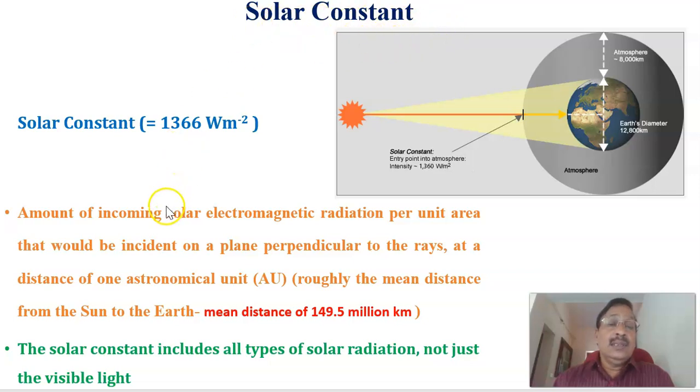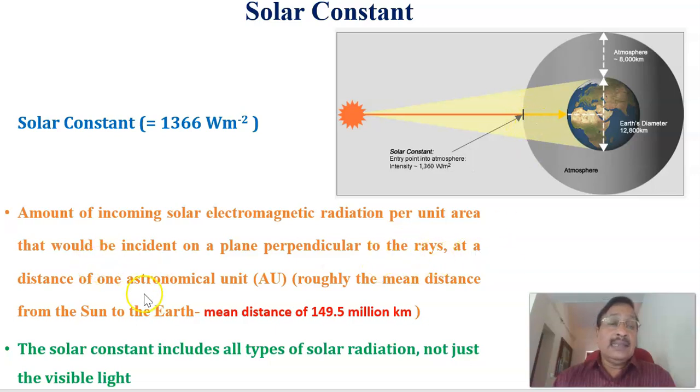The solar constant is the amount of incoming solar electromagnetic radiation per unit area that would be incident on a plane perpendicular to the rays. This is the sun, this is the earth, this is the start of the atmosphere, and perpendicular to this, how much radiation is falling per unit area.